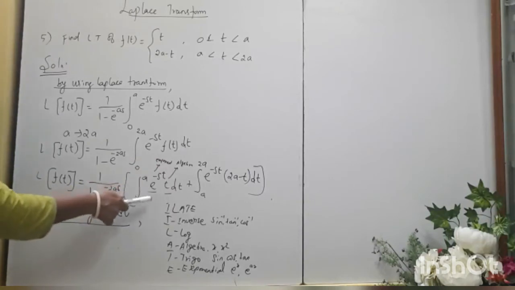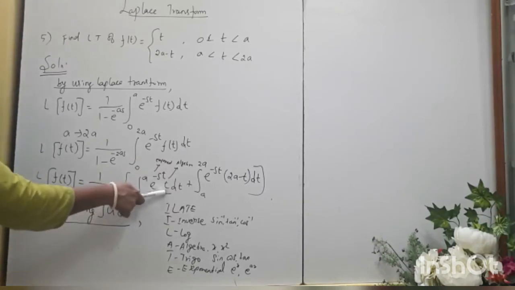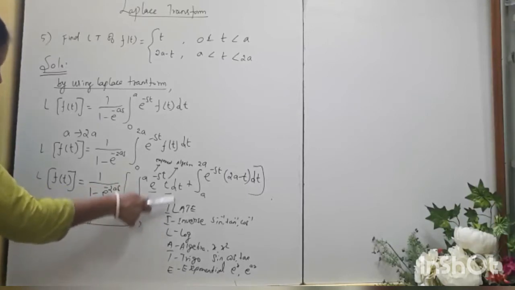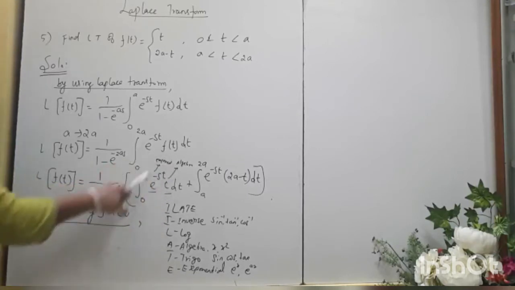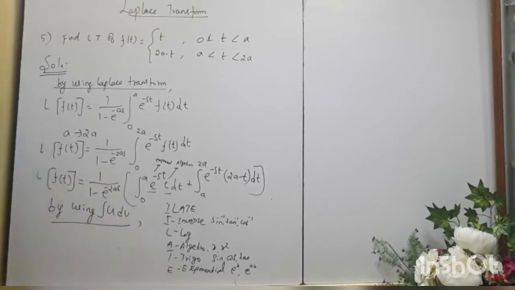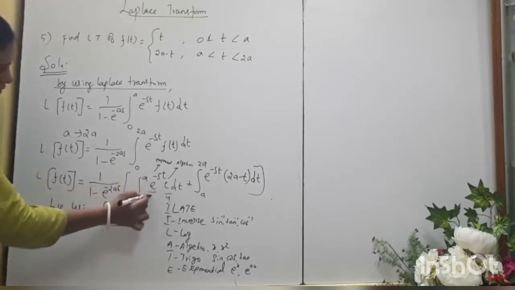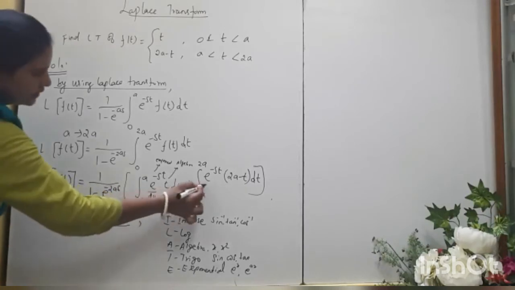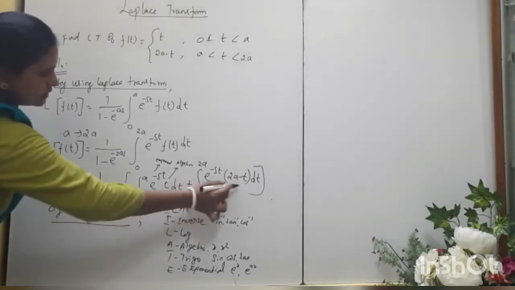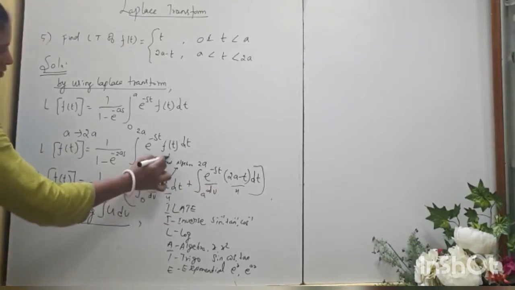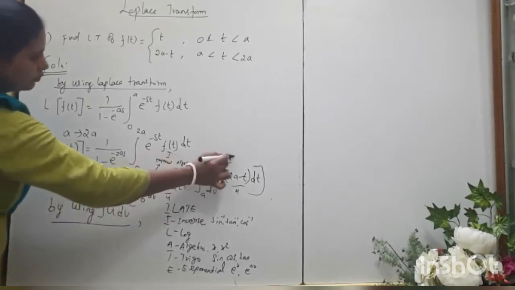So you have to select which one is u. In this order, whichever comes first, you take as u. Whichever comes last, you take as dv. So here this is u, this is dv. This is part 1, this is part 2.